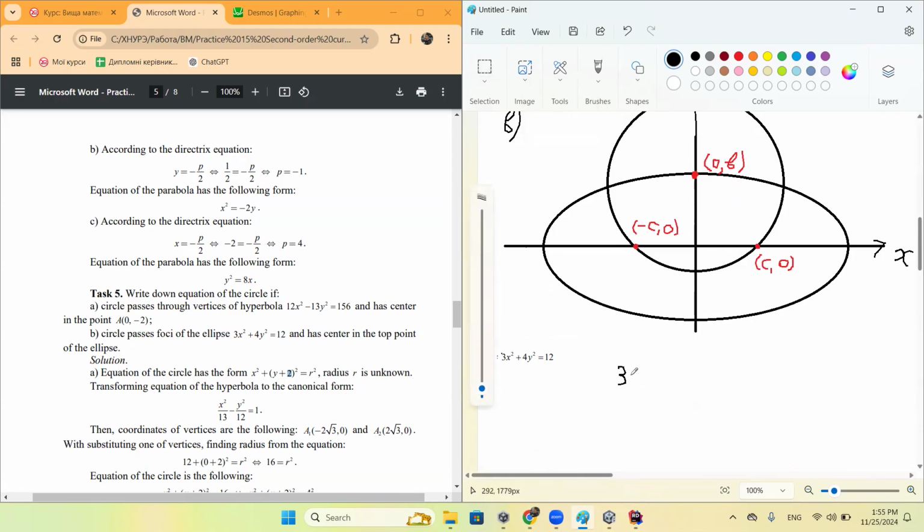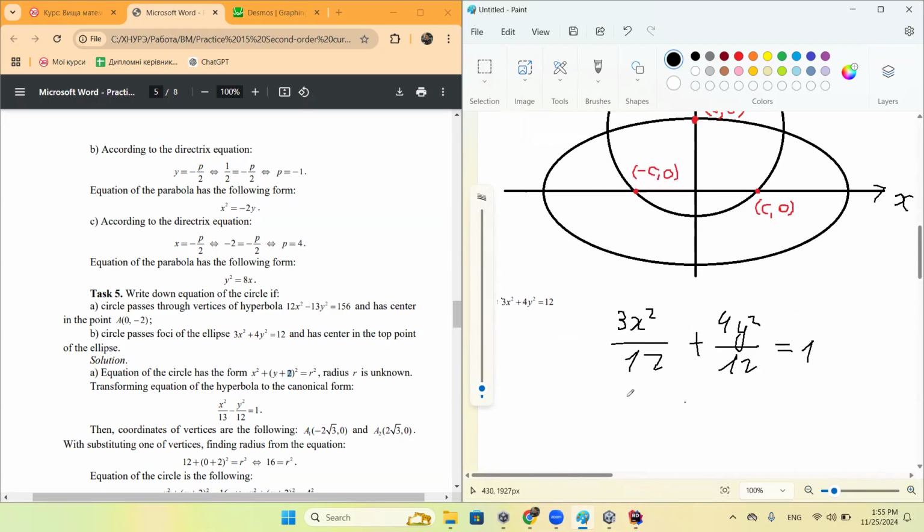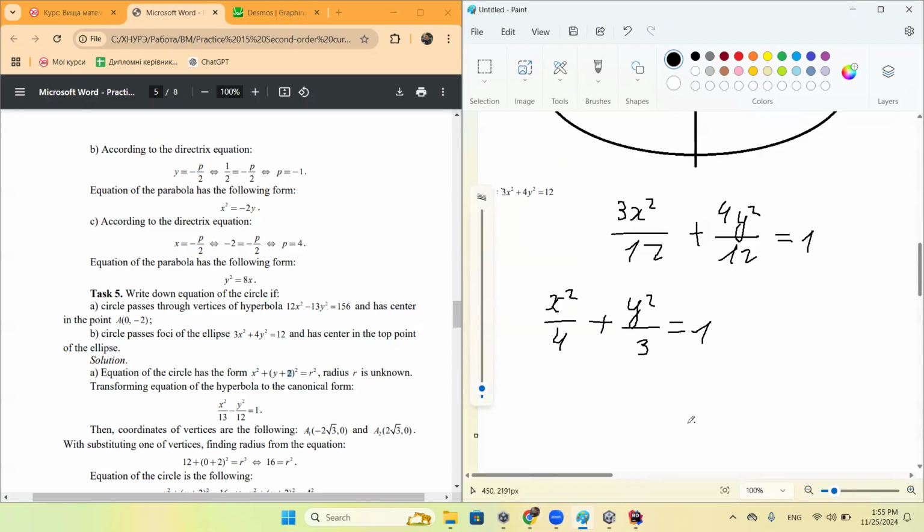So 3x in power of 2 by 12 plus 4y in power of 2 by 12 equals 1. So x in power of 2 by 4 plus y in power of 2 by 3 equals 1. Okay, so b equals square root of 3.